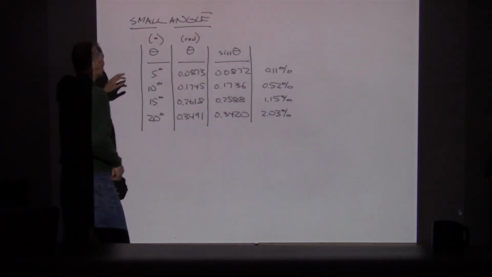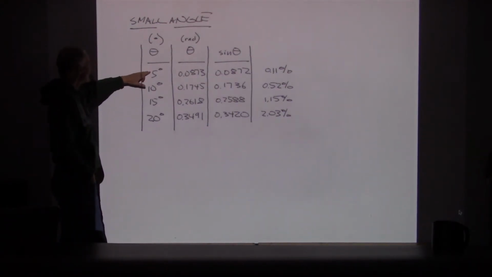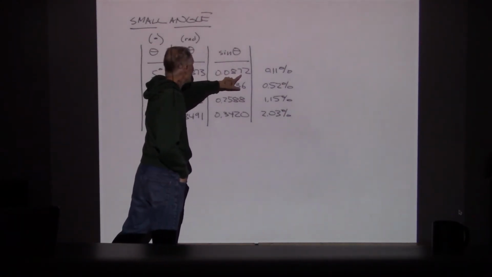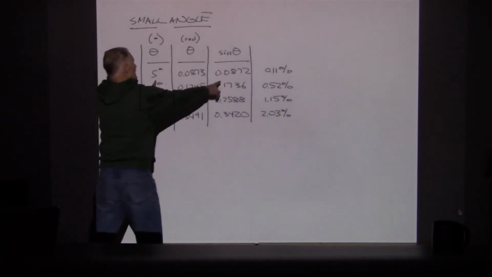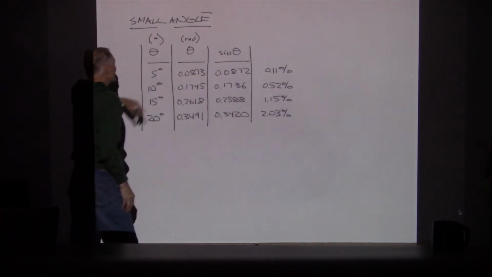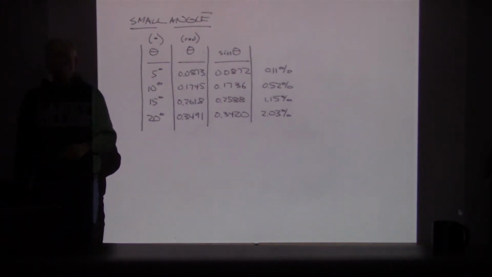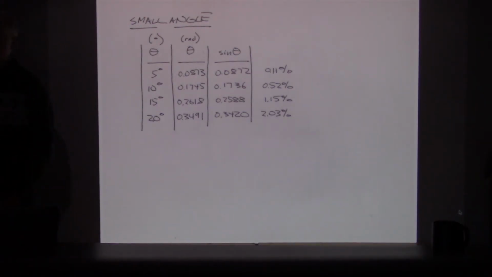Anyway, there's a trig table back there, and it says that for an angle of 5 degrees, the sine of 5 degrees is 0.0872, and you go, well, those aren't the same thing. How can sine theta be the same thing as theta? Well, the thetas here are in radians. Again, this is all coming from thinking in terms of natural units for angles. Degrees are artificial. We've invented those.